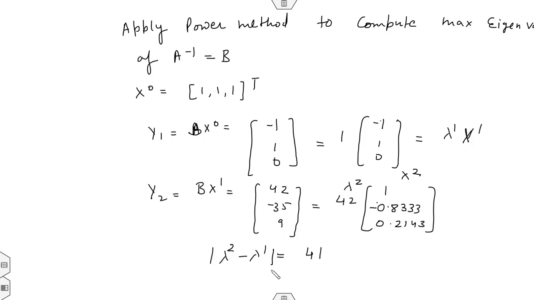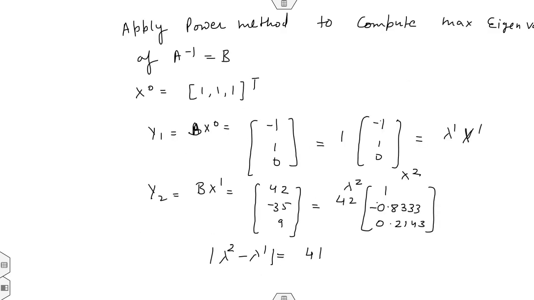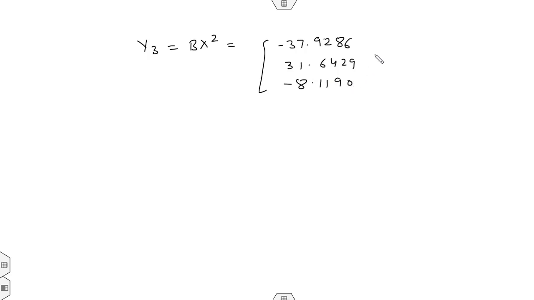Let us take the tolerance in this example as 10 raised to power minus 3. Whenever this condition is satisfied, we will stop. Now compute y3. Y3 equals Bx2, which comes out to be -37.9286, 31.6429, -8.1190.